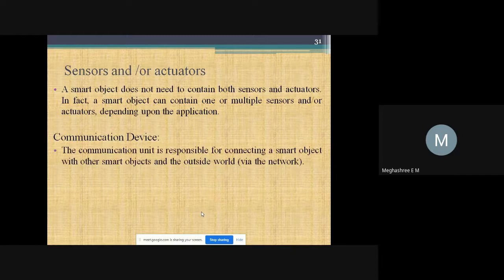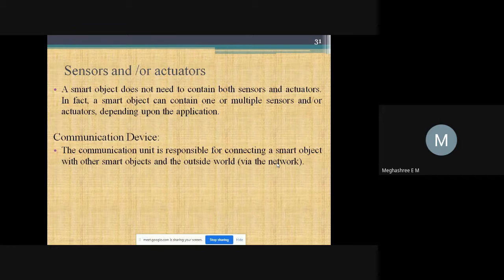The next characteristic of a smart object is the communication device. The communication device helps connect the smart object with another smart object with the help of a network, right? The communication unit is responsible for connecting a smart object with other smart objects and the outside world with the help of a network.